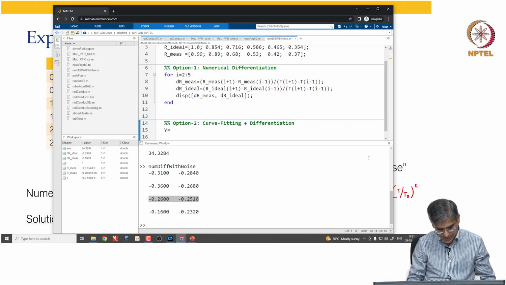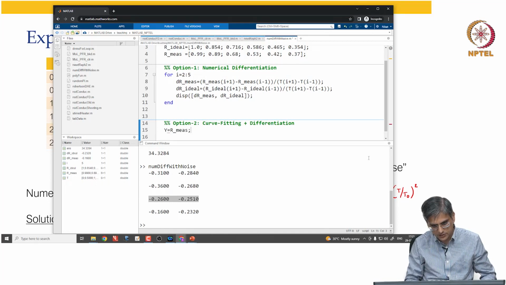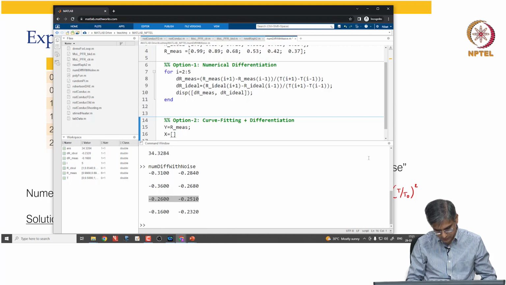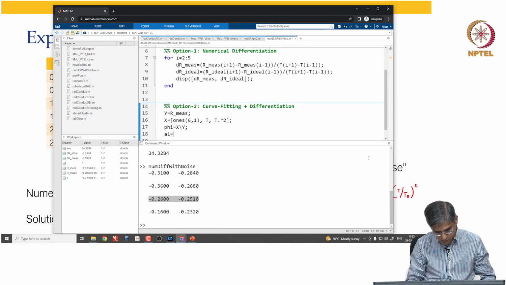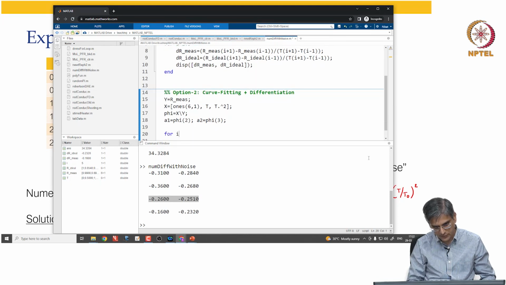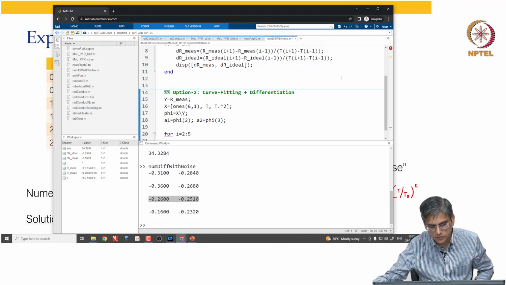We will define capital Y as this, for i equal to 2 to 5.